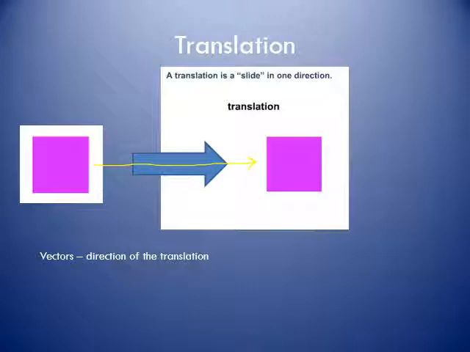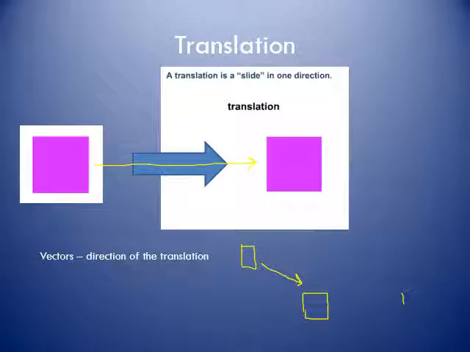Now the arrow usually is a combination. It isn't just like left or right or up or down. For example, if this is my pre-image, and this is my image down here, then your vector, your description of where it went, is this. Just describe if you were sliding it from pre-image to image, what direction did you move the object?